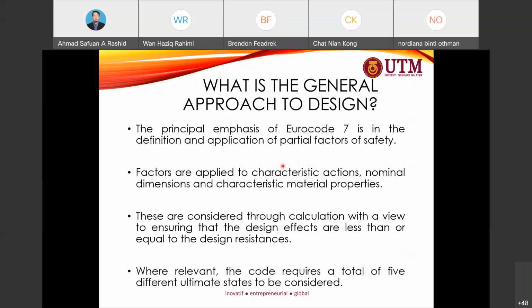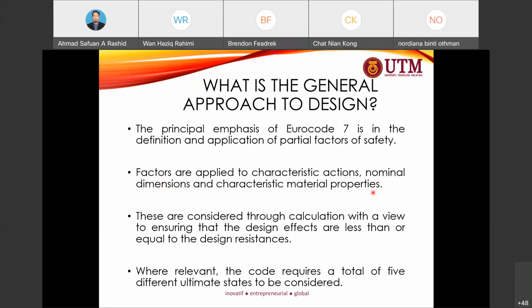The principal emphasis of Eurocode is on the definition and application of partial factors of safety. Factors are applied to characteristic actions, nominal dimensions, and characteristic material properties. So in Eurocode 7, the approach to design uses several factors applied to characteristic actions, nominal dimensions, and characteristic material properties.